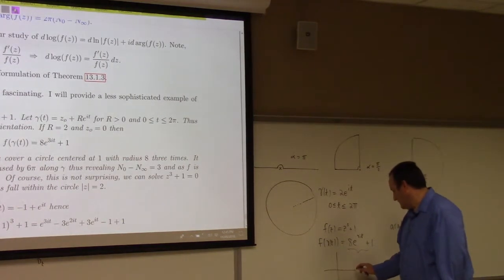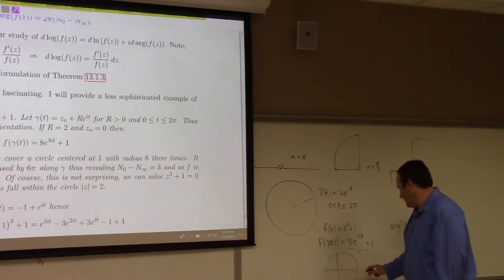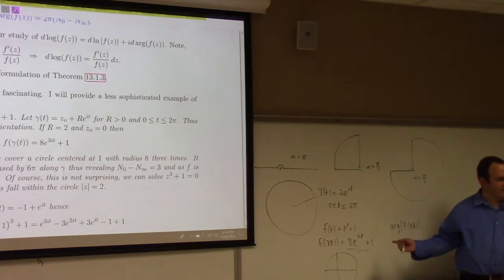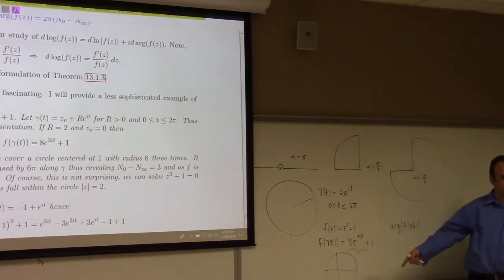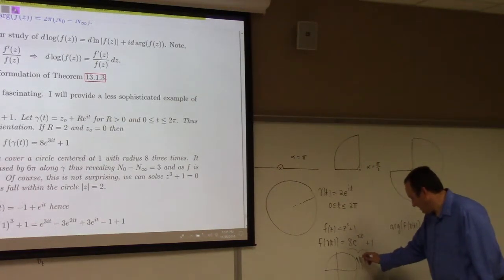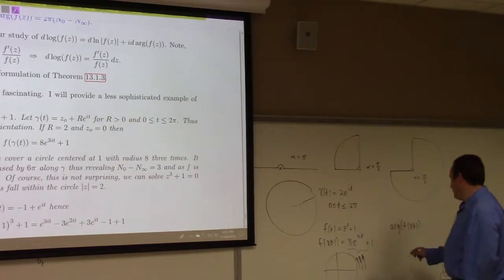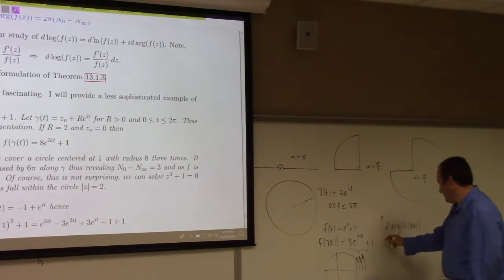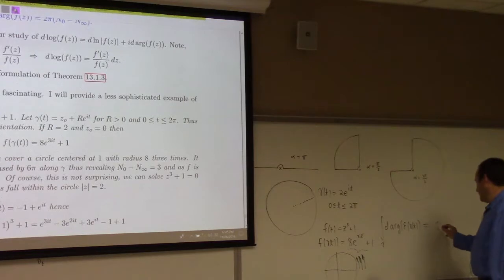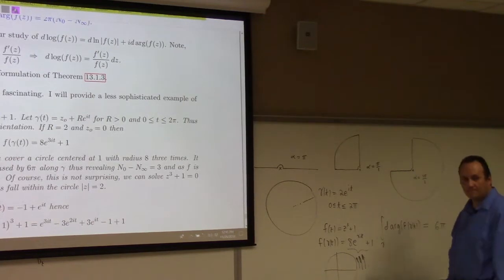And it's got radius 8. And how many times are you looping around? 1, 2, 3 times, right? So if we look at the integral of this over gamma, you can see that that should be 6 pi, right?